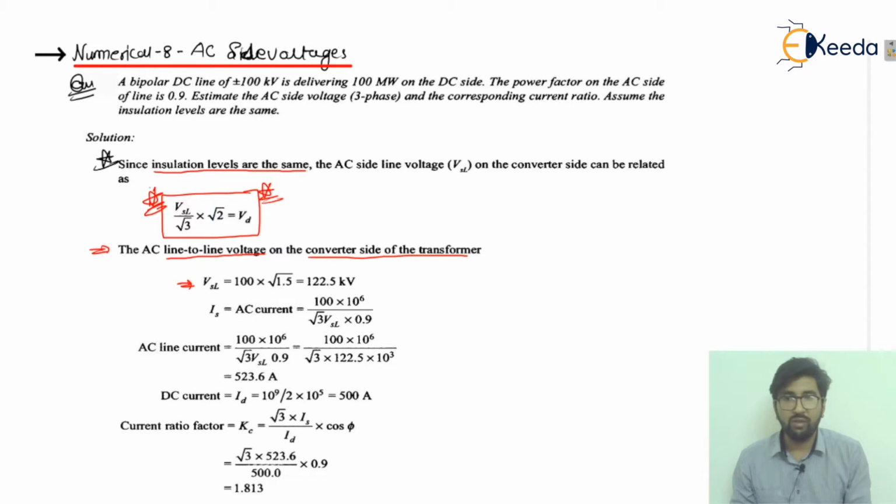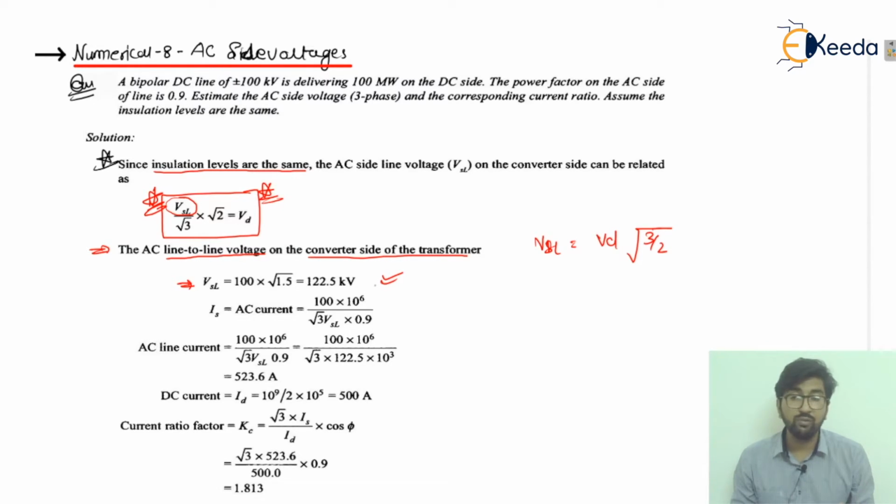That is, VSL is equal to VD times root of 3 by 2, which is why it is written root 1.5. Just calculate the root value of 1.5, put the values here, and after the calculation you get 122.5 kilovolt.